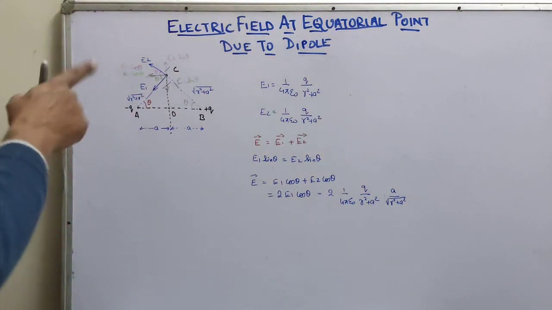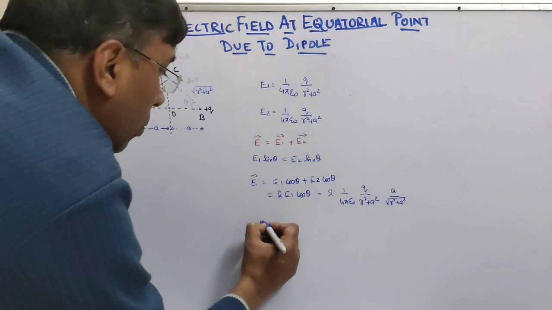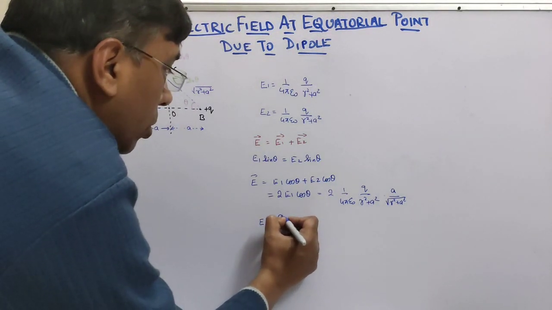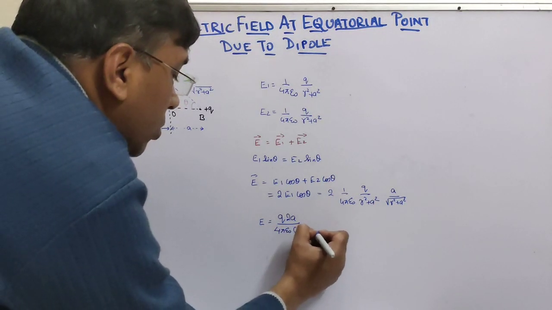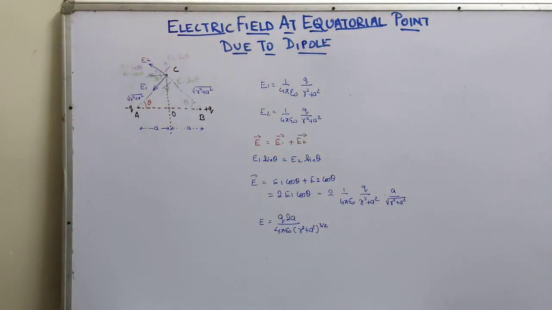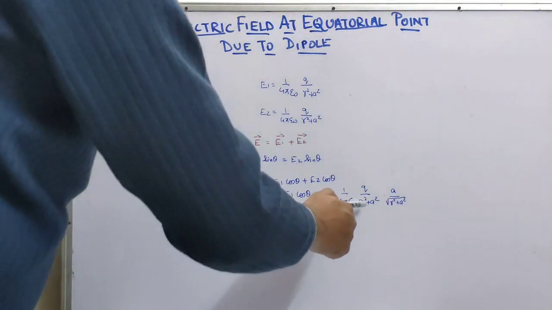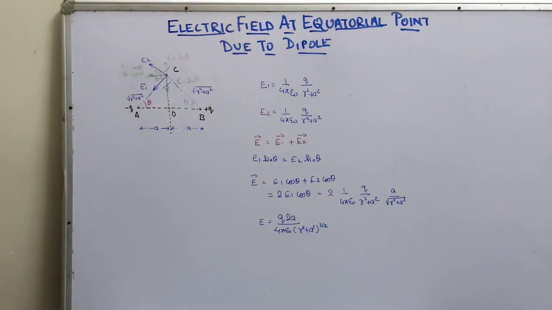So the net electric field at C will be equal to Q 2A upon 4 pi epsilon naught into R square plus A square to the power 3 by 2. Okay, I just simplified R square plus A square and under root R square plus A square over here.